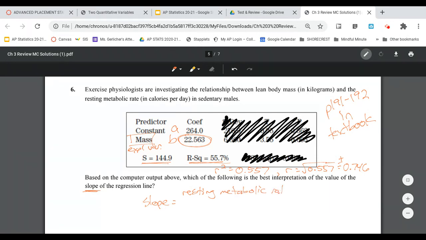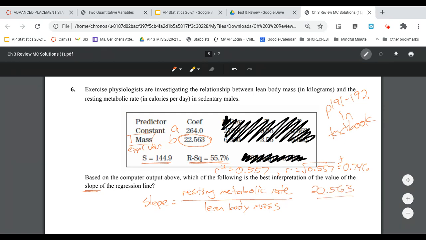So that's y, change in resting metabolic rate over lean body mass. So we are finding out that for each additional kilogram in lean body mass, you get an extra 22.563 in resting metabolic rate.